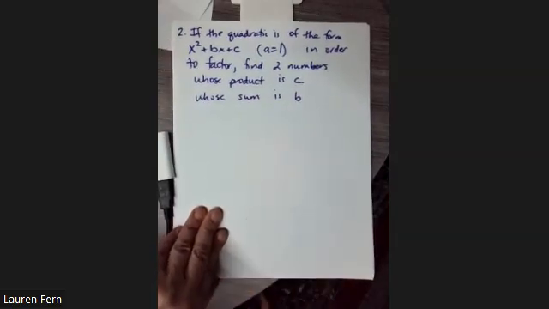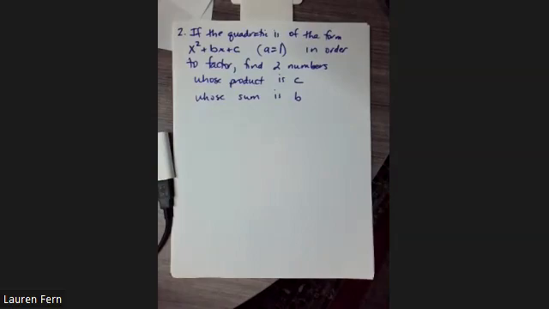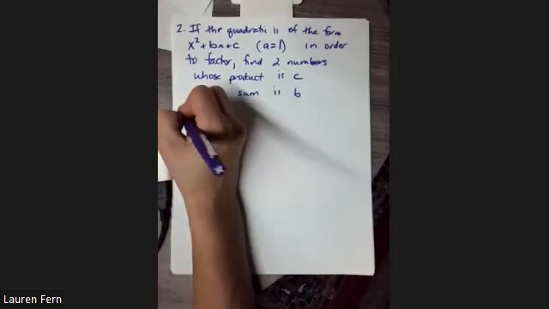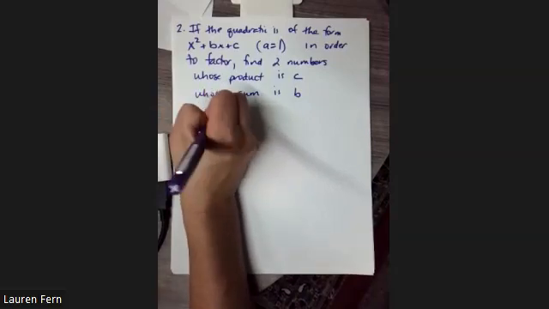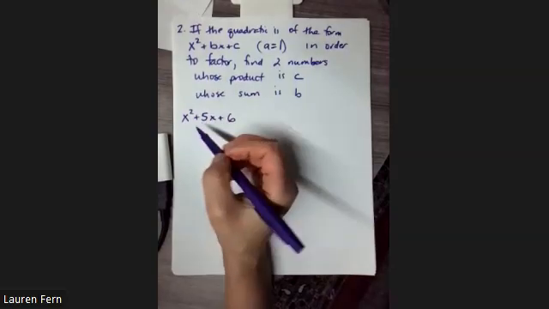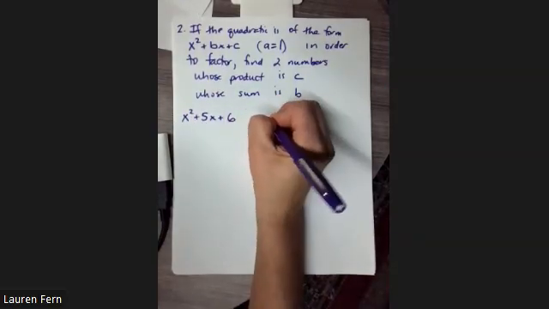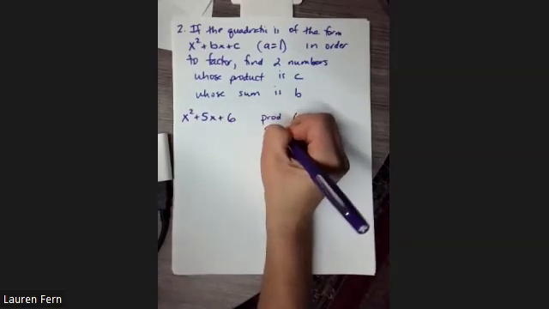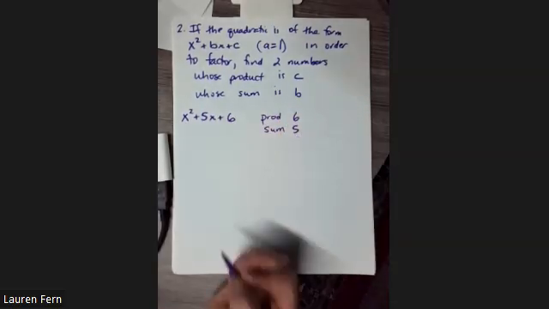This takes a little bit of practice and it takes some number familiarity. Give yourself some time and space to get this. For example, if I have this guy, what this tells me is I want to find two numbers that multiply up to 6 and add up to 5.